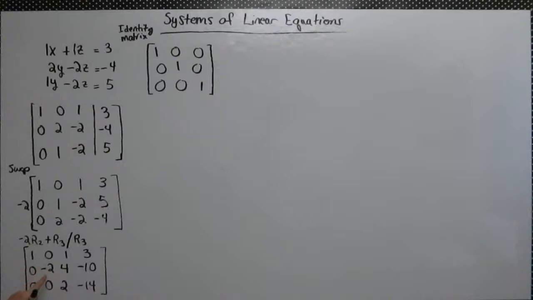So I've almost got this column. So I'm going to leave that -2 there, leave that 2 there. What I need to do is I need to make both of these values right here a 0, if I can somehow. So we'll multiply row 1 by -4. We'll add it to row 2 and replace row 2. Let's do that.